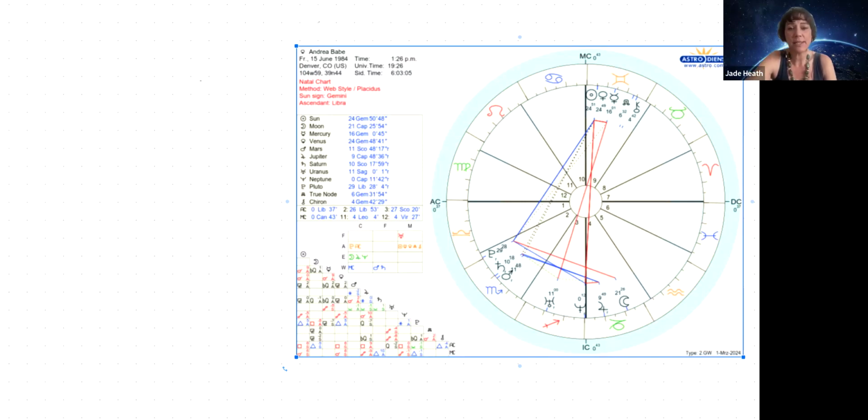So this person's ascendant is at 0 degrees Libra. And then you would have your descendant at 0 degrees of Aries. It's a very initiatory sign. It's a fire sign, and it is a pioneer.